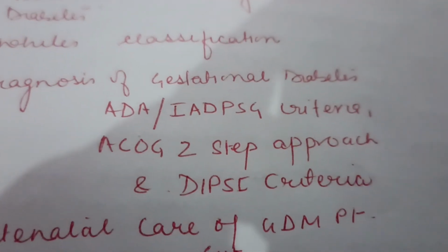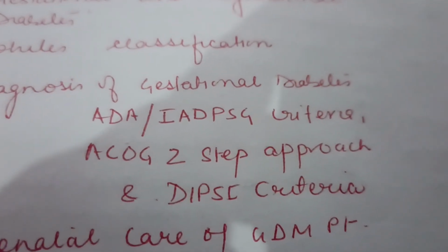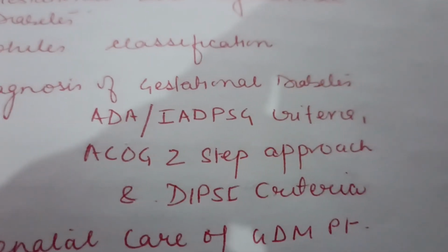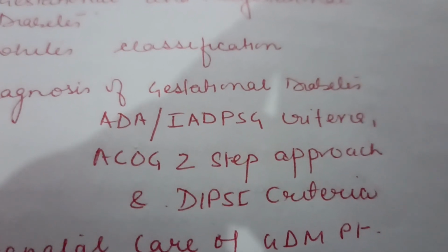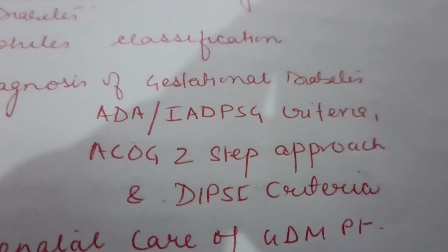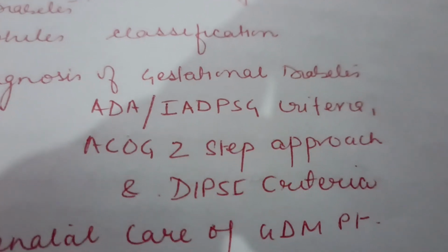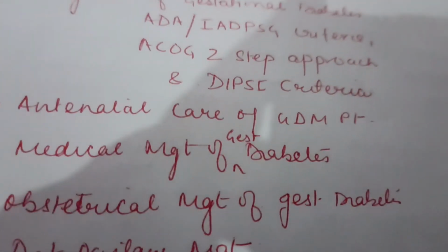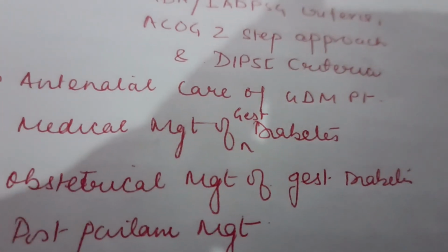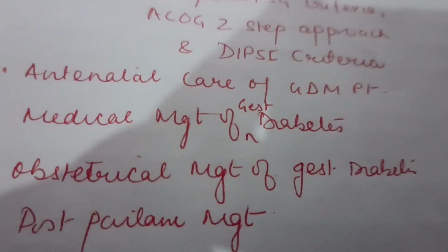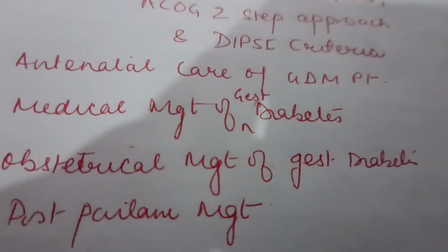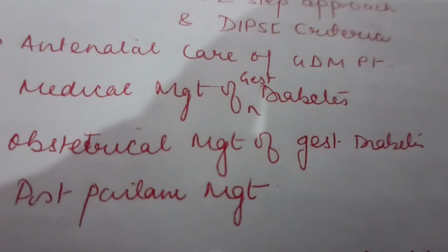Next is diagnosis of gestational diabetes: ADA or IADPSG criteria, ACOG two-step approach, and DIPSI criteria. Then antenatal care of the GDM patient, medical management of gestational diabetes, obstetrical management of gestational diabetes, and postpartum management.